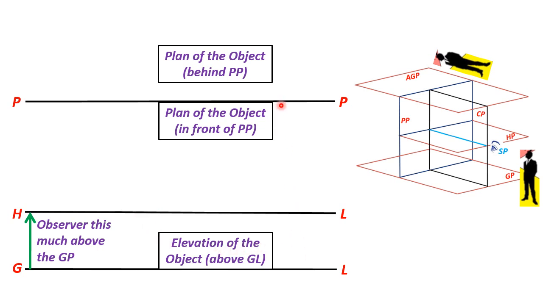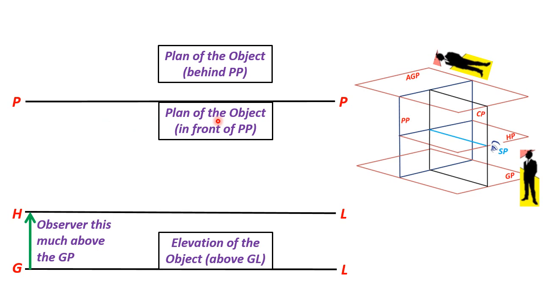The second, the distance of the observer in front of PP, that is this distance from the PP line. And finally, the distance of the observer from the object.